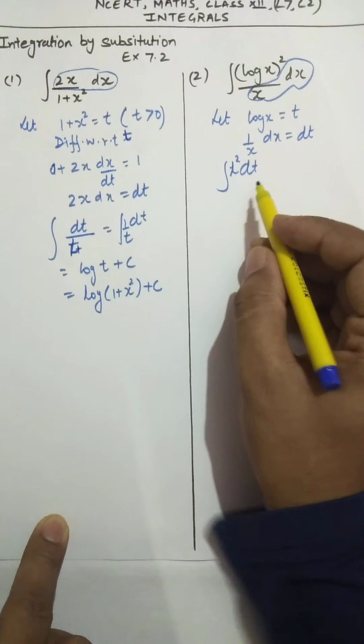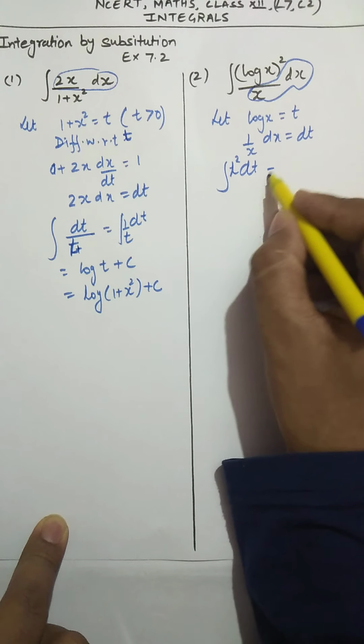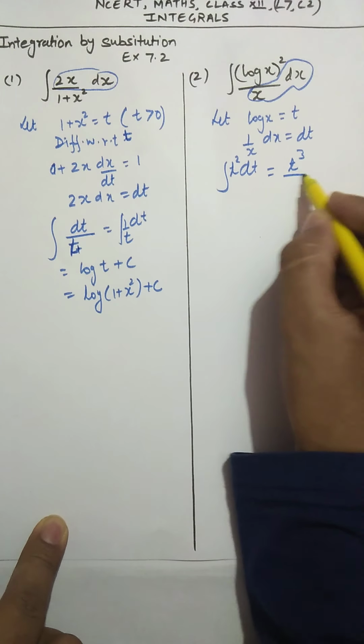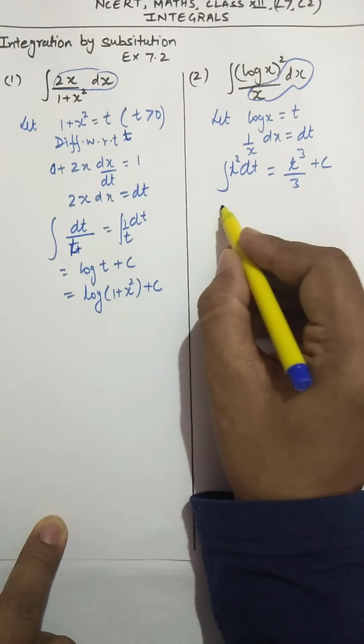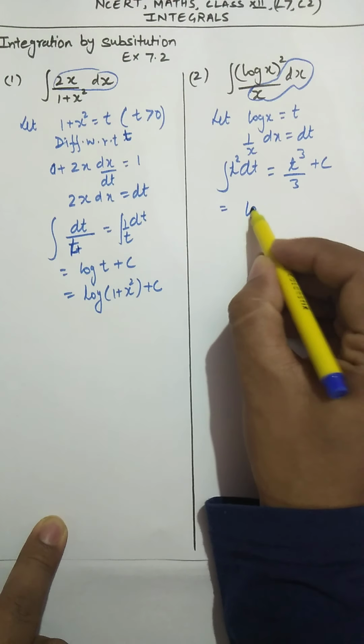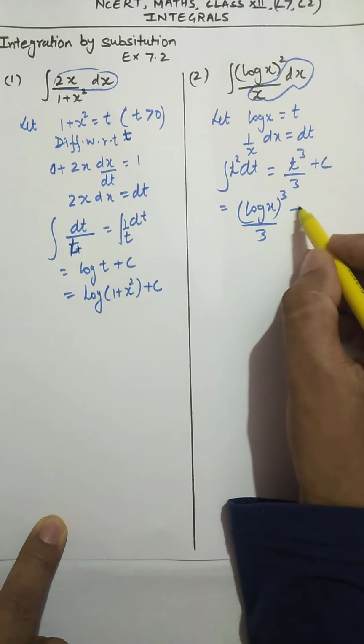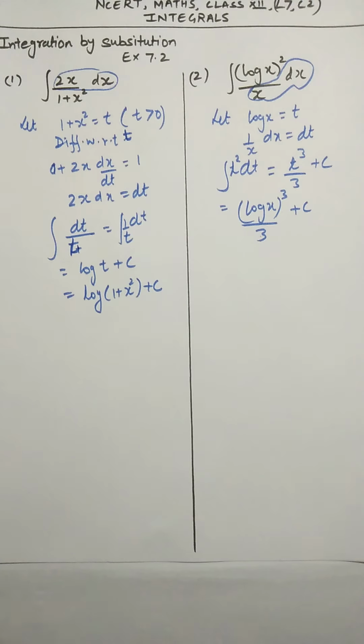So this integration has been converted into the integral of t square dt. Now you can apply the power rule. So according to the power rule, this is t cube upon 3 plus c. Again now you can put the value that you assumed, t as log x, so it is log x whole cube upon 3 plus c. So this is the answer of your second question.